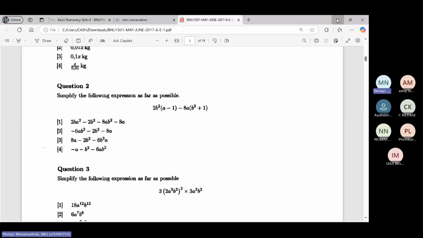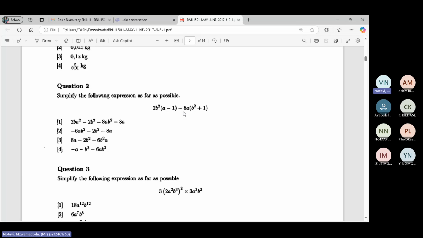Okay, so if we open the first bracket, we get 2b squared a, and then multiplied by -1, we get minus 2b squared. So we have 2b squared a minus 2b squared.